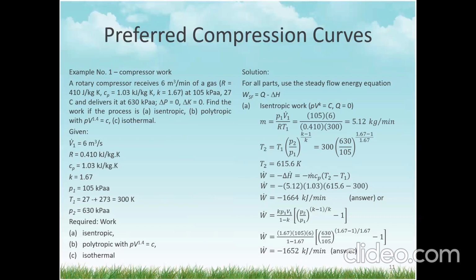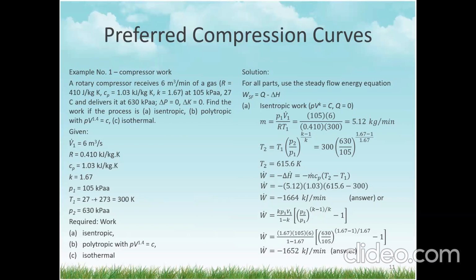R is 0.410 kilojoule per kilogram Kelvin, Cp is equal to 1.03 kilojoule per kilogram Kelvin, K is 1.67. Okay. So, ang problem, sabihin ng state 1 is yun nga, V1. So, pag talagang process na is meron siyang clearance doon, i-minus mo yun.